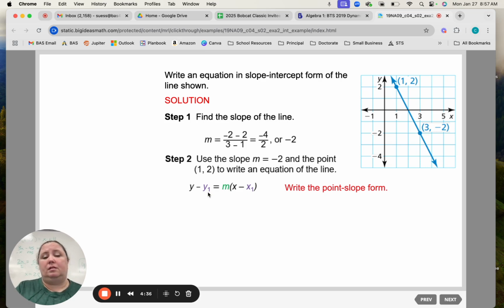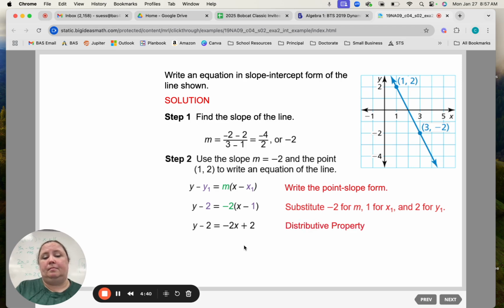At y1. Okay, and then the very final piece is to distribute this -2. So -2 times x would be -2x. What's -2 times -1? Positive 2. +2.